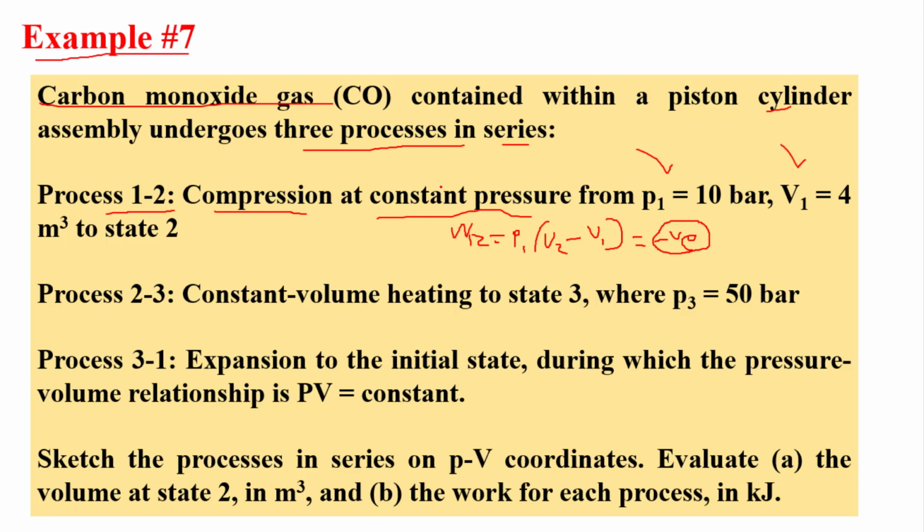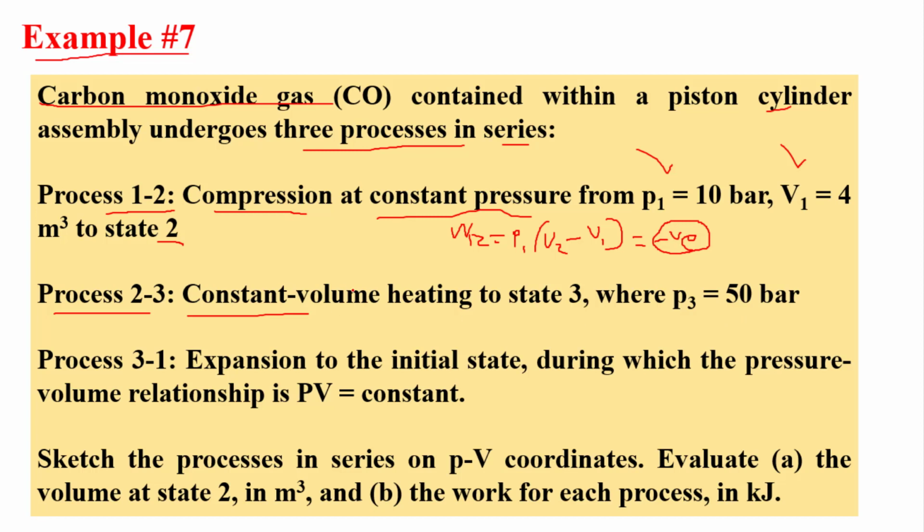V1 is given, but the volume for state 2 is not given. We'll see if it is mentioned somewhere in the remaining processes. Process 2 to 3, we have constant volume, so V2 equals V3, heating to state 3, where the pressure increases to 50 bar at a constant volume.